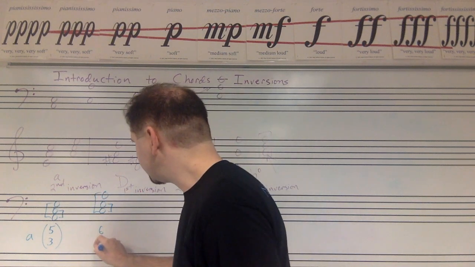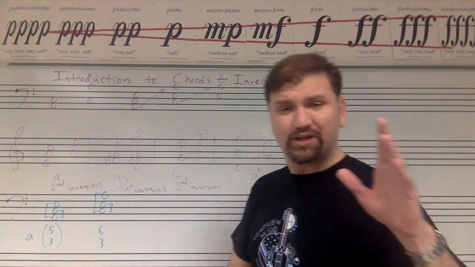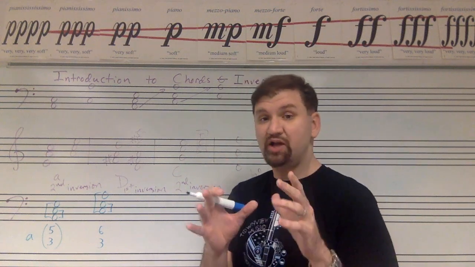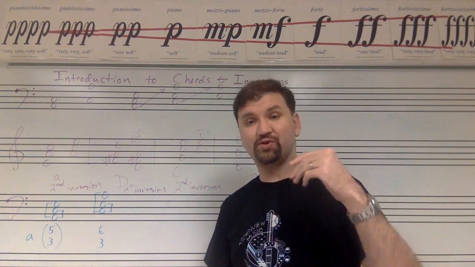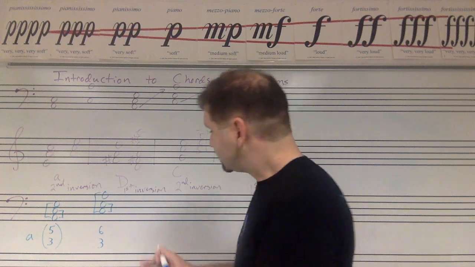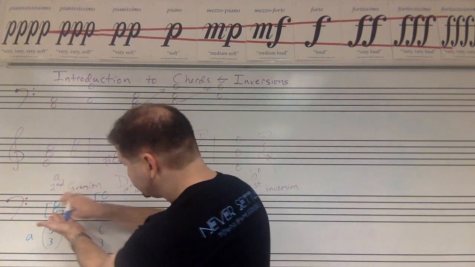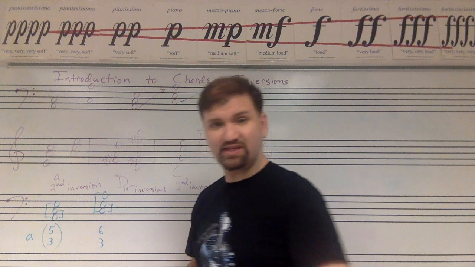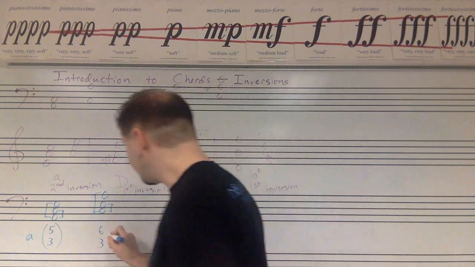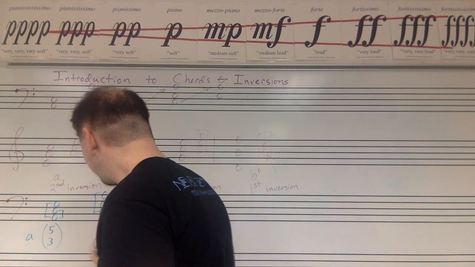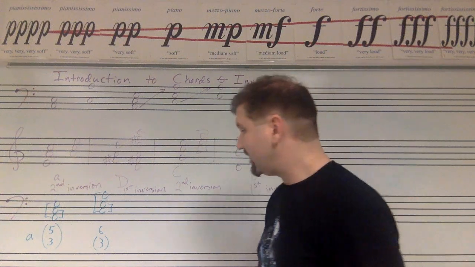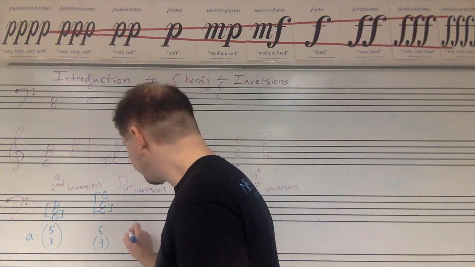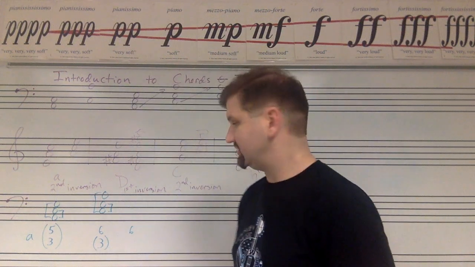So that could be a 6-3. Again, we want to abbreviate as much as possible, so because the third didn't change, I don't need to write it. While technically I could call that a 6-3 chord, I'm just going to call it a 6.